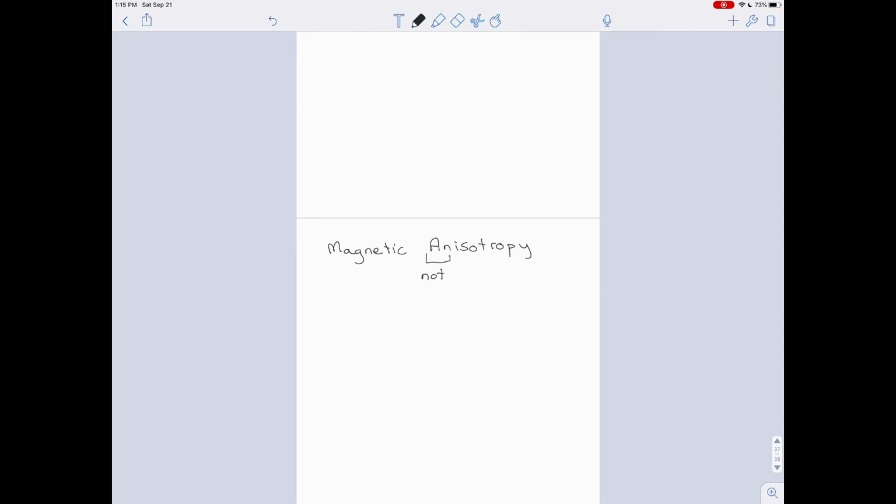You just have an N there so that the A doesn't mix in with the I sound. So it's not. Iso means the same or equal, and tropy is just a place. So magnetic anisotropy is where you have a magnetic field that isn't the same everywhere in space. It's not the same at all places.